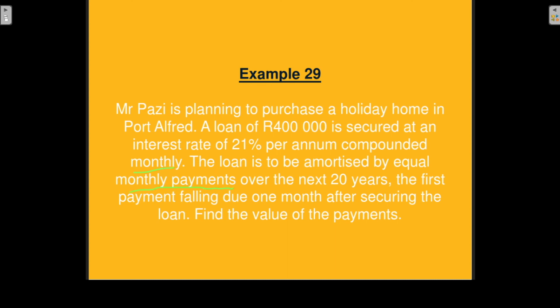And lastly, we need to determine whether we are going to use the present value formula or the future value formula for an annuity. Because we are working with a loan, we have the present value, the 400,000 rands, so we will work with the present value formula for an annuity.